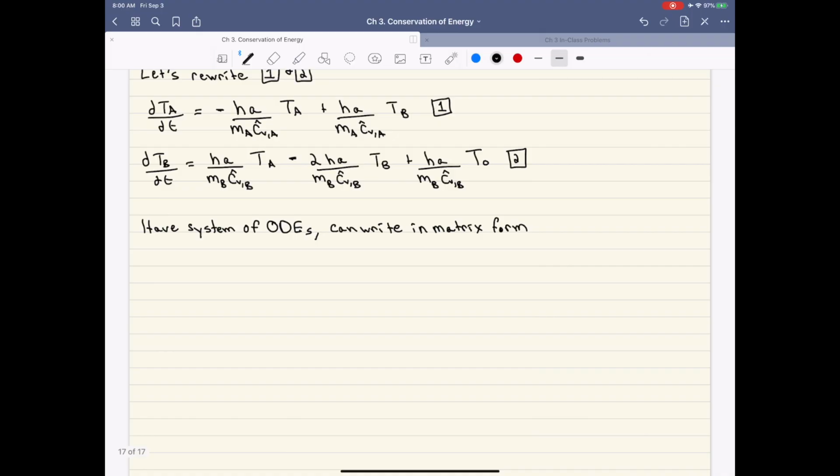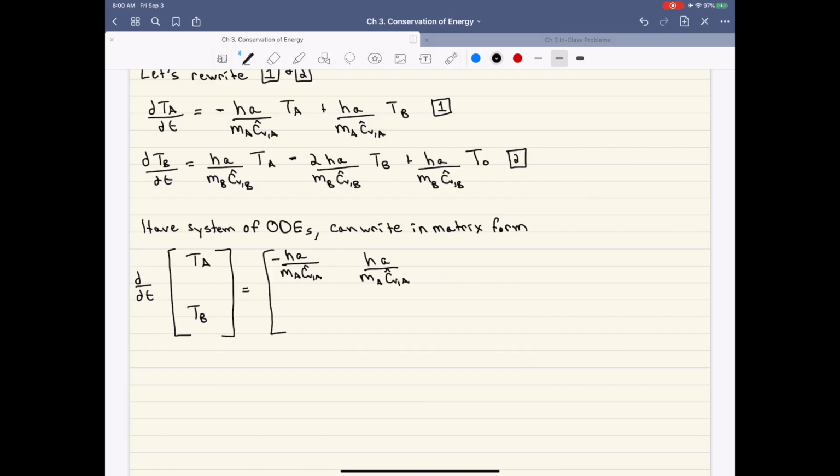And so what we have is d/dt of the vector with TA and TB, is equal to a matrix. The top row is negative HA over MA CVA, and positive HA over MA CVA.